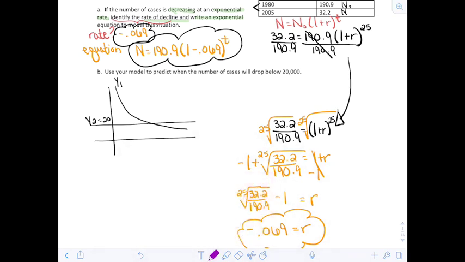Then I looked at where they intersected, and that told me the point where it was about 20,000, and that ended up to be about 31.5. So x was about 31.5, which means in about 32 years, the number of cases will drop below 20,000.